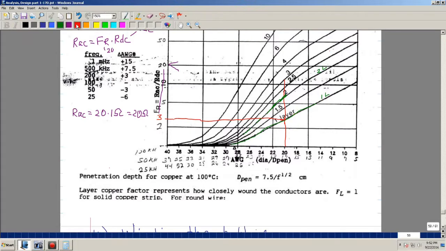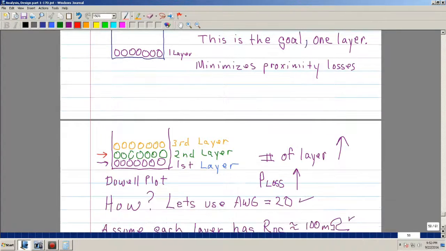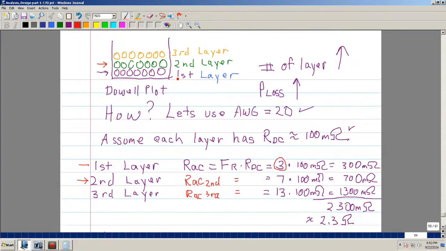Now we go sideways, and I get either 12 or 13 would be my guess.